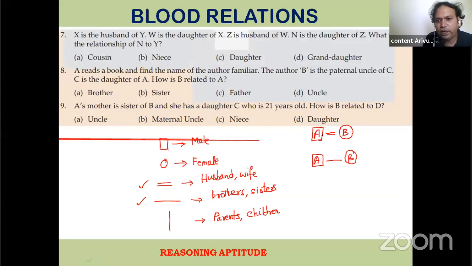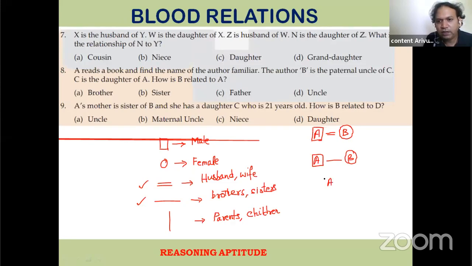So if I join A and B, two symbols are there, two letters, and with equal to symbol means husband and wife. A is a male, so husband, B is a female, so wife. If we join A and B with a straight horizontal line, brothers and sisters, so A is male, so A is brother, B is a female, so B is sister.